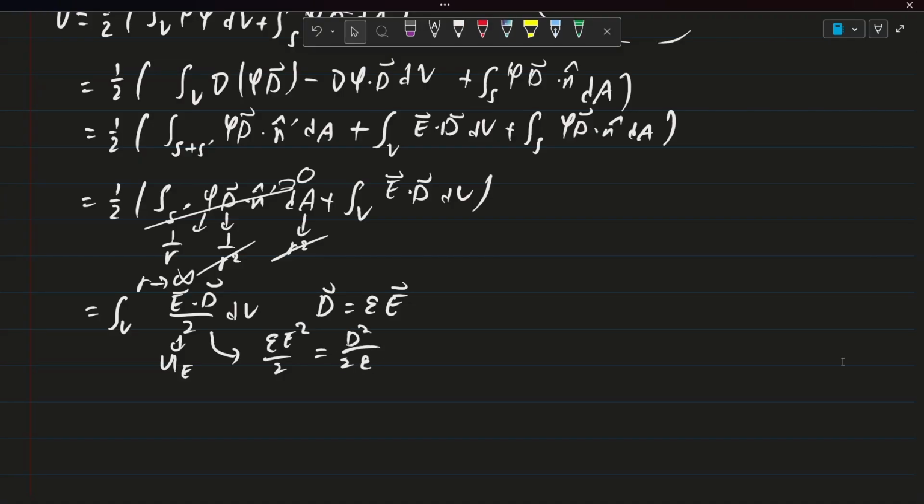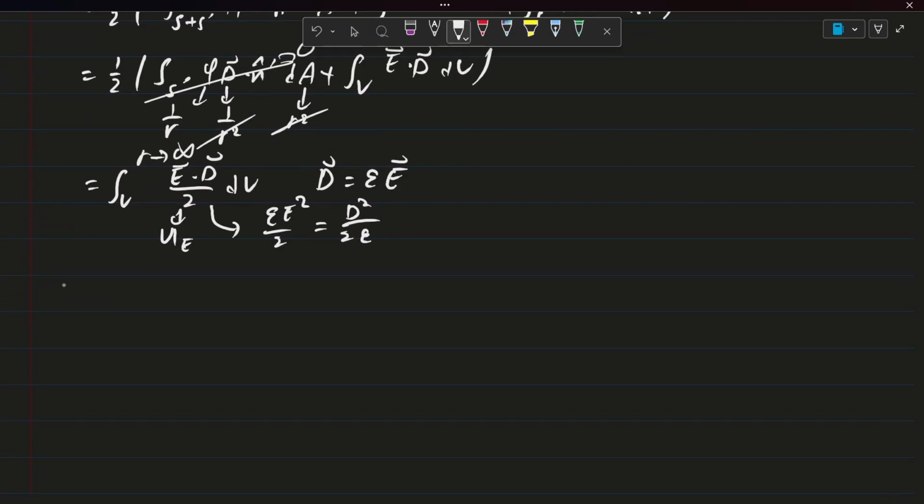So it turns out that this idea of energy density is applicable for almost every single thing. Compare that if you try to use the charge method. So it's a very useful idea to remember that E dot D over 2 is generally the case for your potential energy. So now let's go to the idea of the coefficient of potentials.